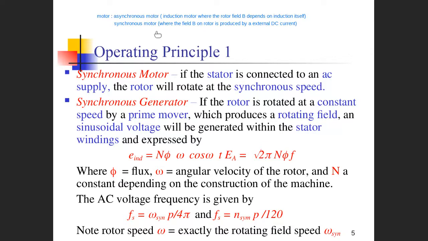We apply the AC electricity on the stator so that we have induced current on the rotor. Therefore, there is a rotation there. We call it an asynchronous motor because the magnetic field on the rotor depends on the induction, which changes with the rotation, which changes with loading. As a result, the frequency of the induced current on the rotor is different from that on the stator we apply. And also the rotor speed is different from the rotation speed.